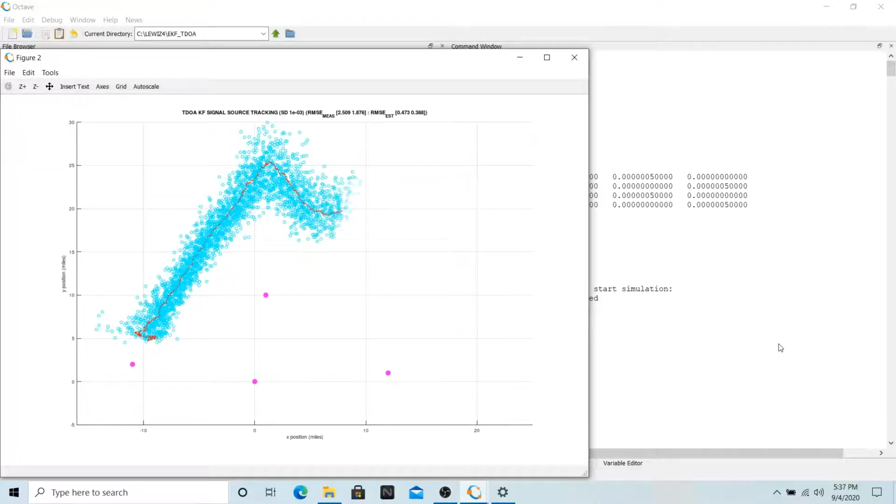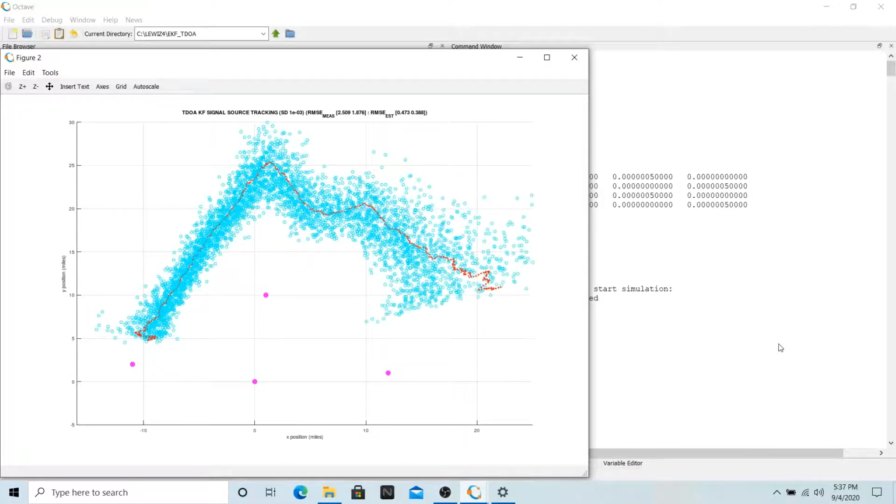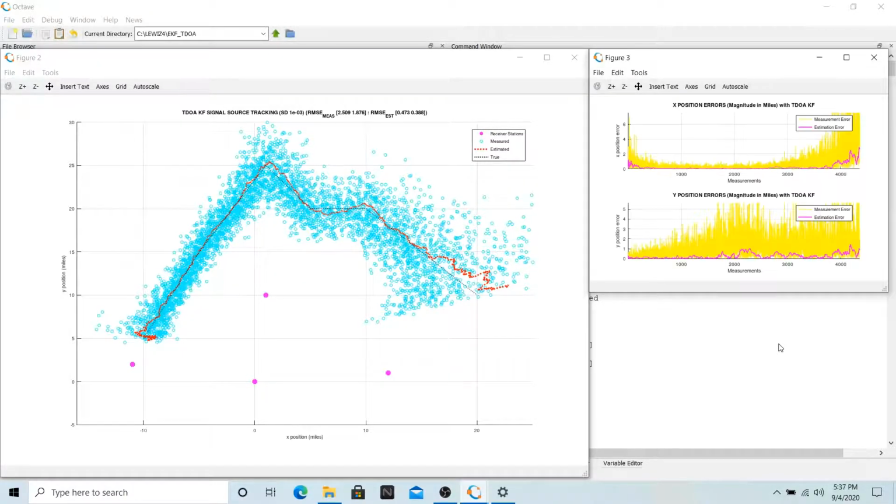The red line centered in the measurement shows the estimation of the linear Kalman filter. In the right side window, you can see the significant reduction of measurement error after estimating.